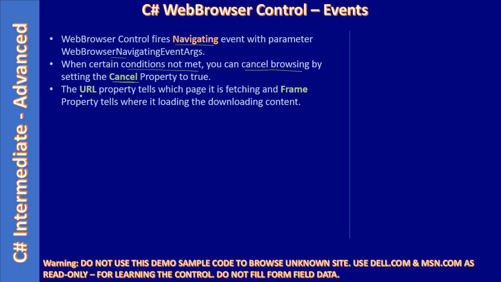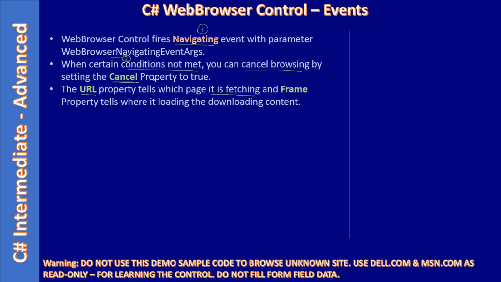The URL property of the WebBrowserNavigatingEventArgs tells which page it is fetching. So first, you are handling the navigating event, and in the navigating event handler we are making use of WebBrowserNavigatingEventArgs and studying its properties.